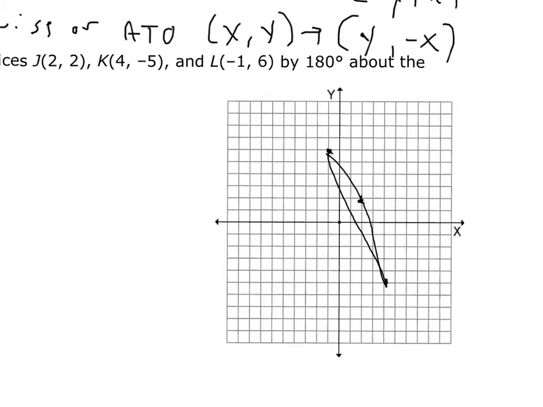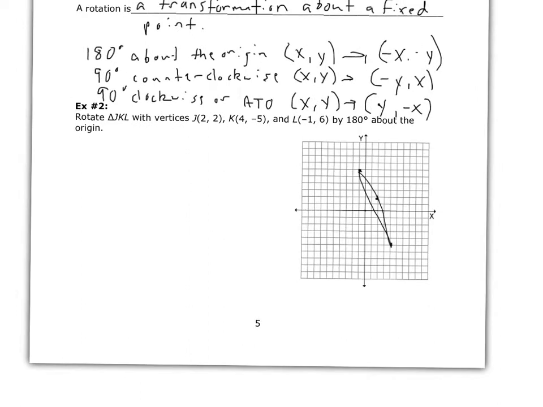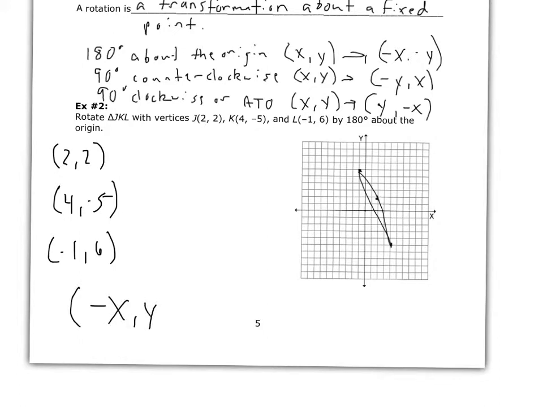And we need to go ahead and rotate this thing 180 degrees around the origin. Okay, so we have our original ordered pairs, which are 2, 2, 4, -5, and -1, 6. And we need to convert these by 180 degrees around the origin, so we need to go from x, y to -x, -y.